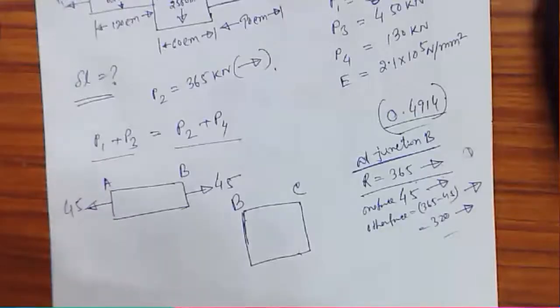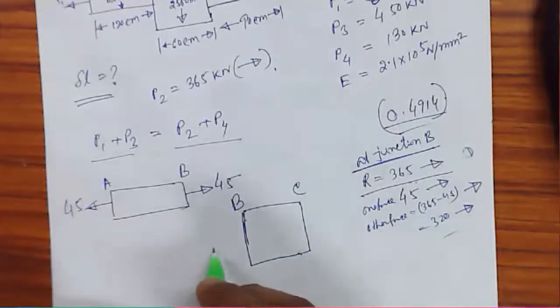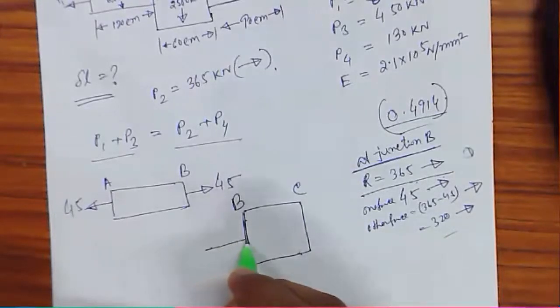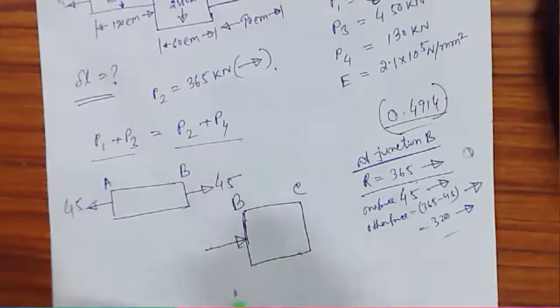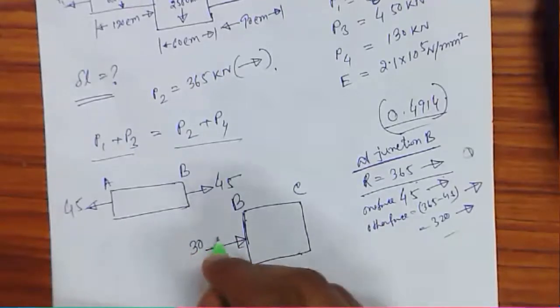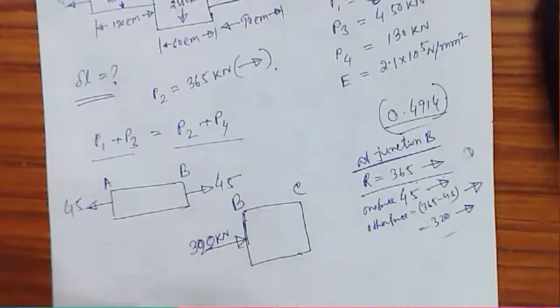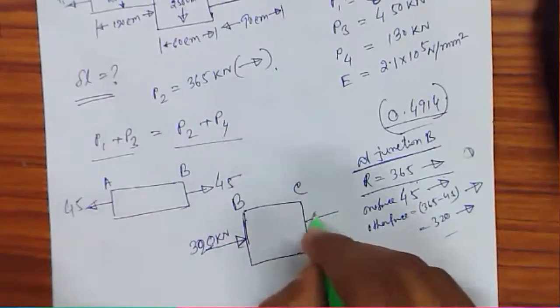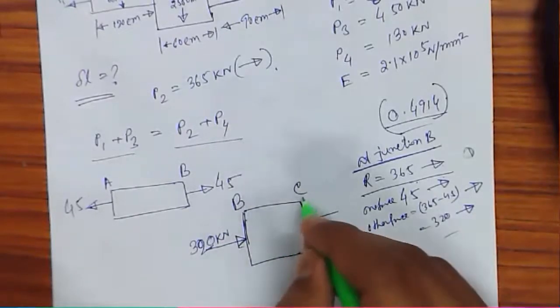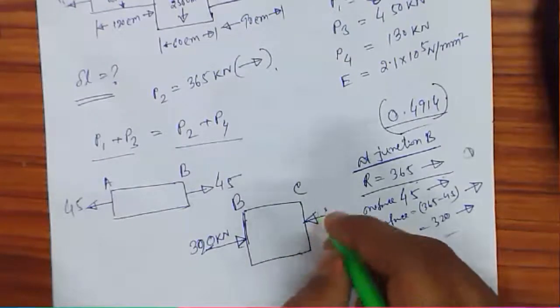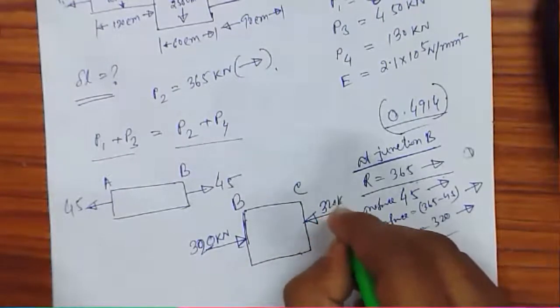Let us do it first for junction B, then we go for junction C. At junction B, the rightward force is 320 while working on BC. Now to keep it in equilibrium at C, there will be an equal leftward force of 320 kilonewton.